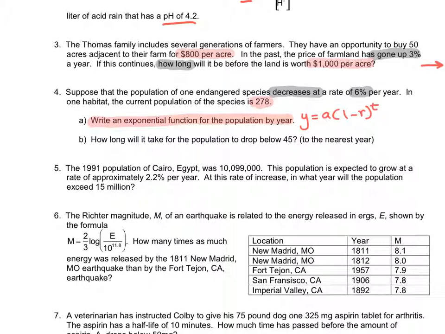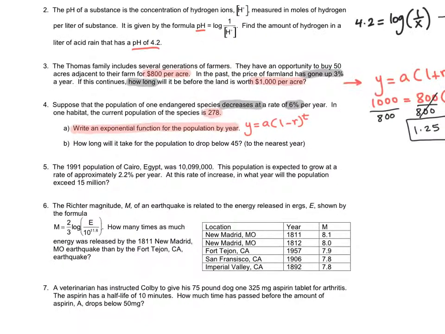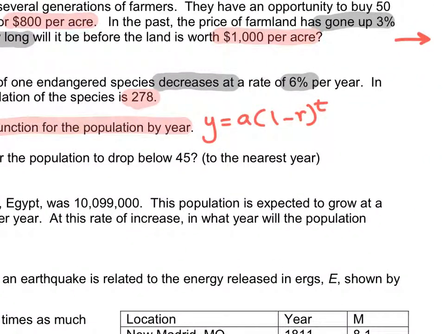So let's fill in what I have. I don't have the final amount yet, so I'm going to put y equals, and the initial amount is 278, 1 minus 0.06, because the rate is 6%, to the power t. Or you can put x if you want to write it as y in terms of x.